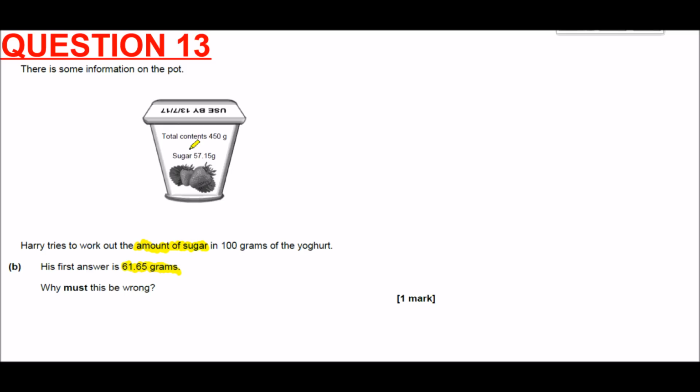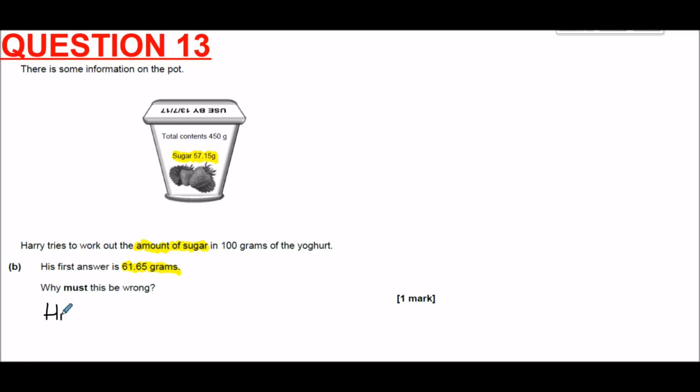But if you have a look at the packaging, the total contents is 450, and in this entire tub there's only 75.15 grams of sugar. And so if he's getting 61.65 grams, that must be impossible, because that's more than the amount of sugar in the whole tub, the whole pot.